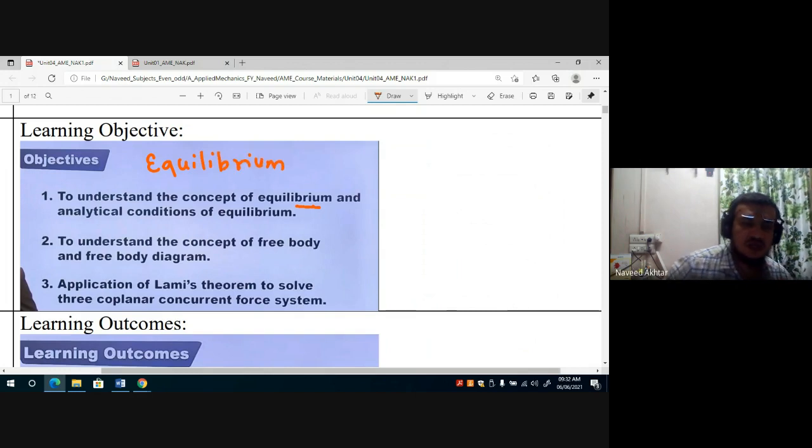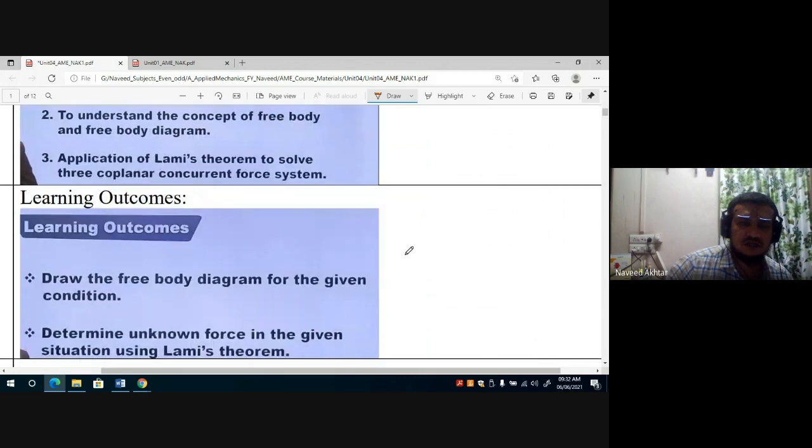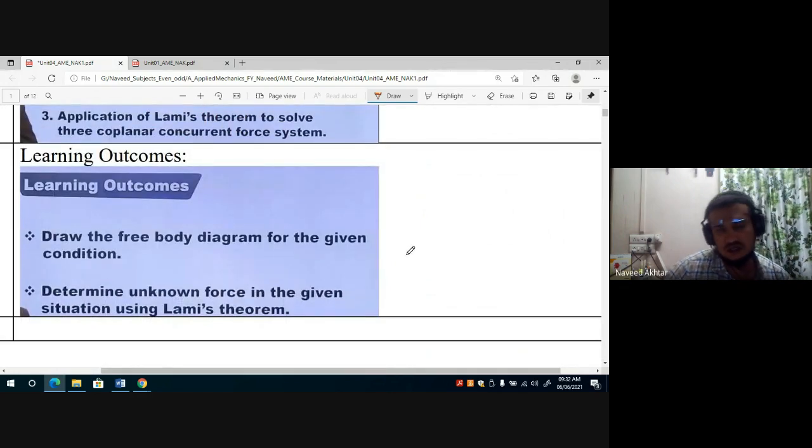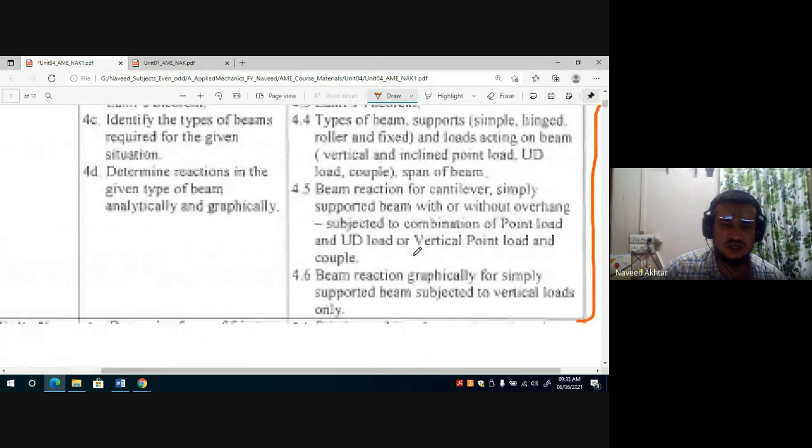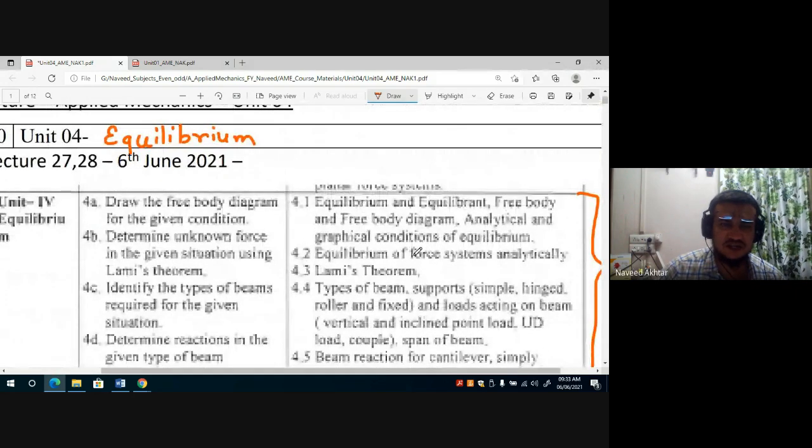Okay, and then the learning outcome for this unit is that you will be able to draw a free body diagram for given condition and determine the unknown force in the given situation using Lami's theorem. So these two outcomes are for the equilibrium; the beam we will see later on. So unit number 4 is divided in two parts.